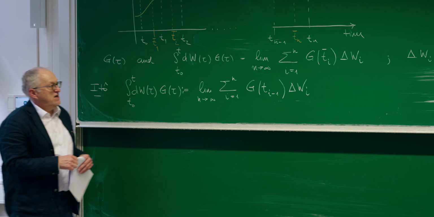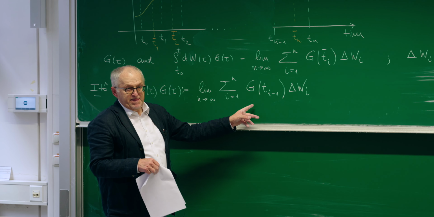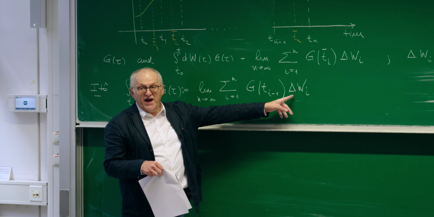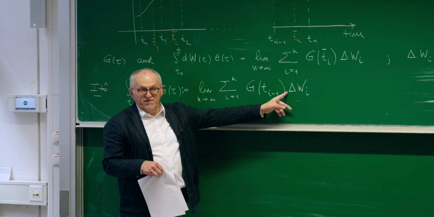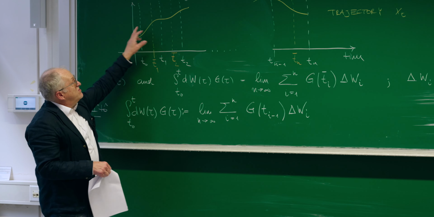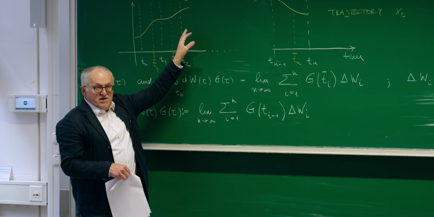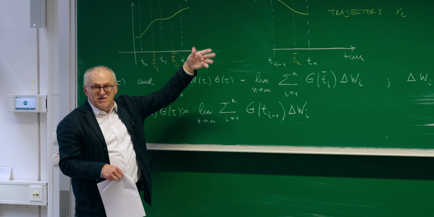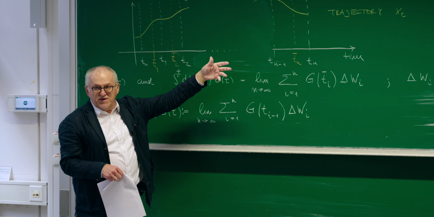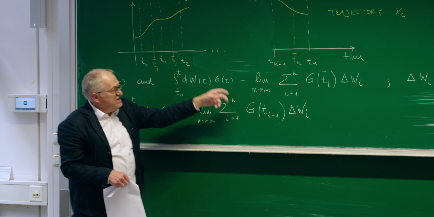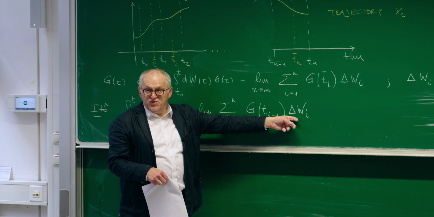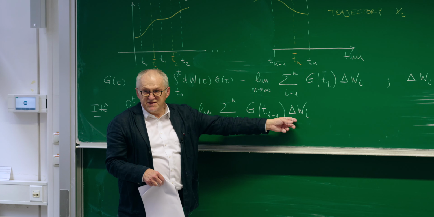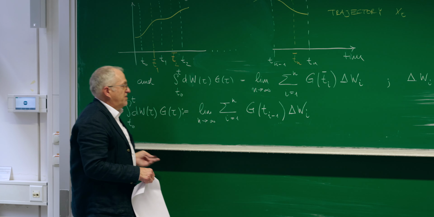So before the increment at time ti minus 1. So before I increment my random variable. So this will not depend on this random variable. Just think of this trajectory here as it unfolds. It will take some values, and you have to, at each time point, choose another increment to forward the trajectory. The trajectory you find at time ti minus 1 is independent of what you choose next as your Gaussian increment. So these two things are statistically independent by construction of this Ito integral.